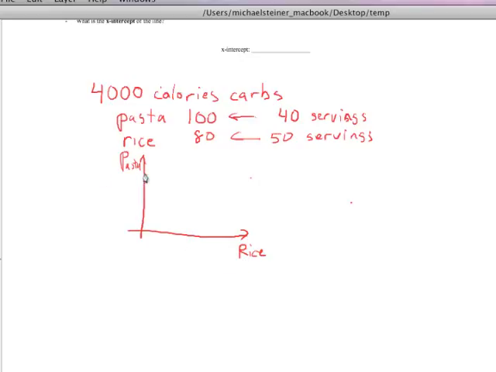Well, we just said that if we only did pasta and no rice, so rice is 0, we're on the pasta axis or the y-axis or the vertical axis. This is all the points where rice is equal to 0. We would have 40 servings of pasta.